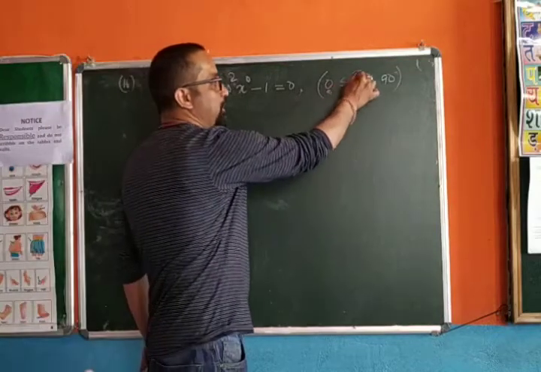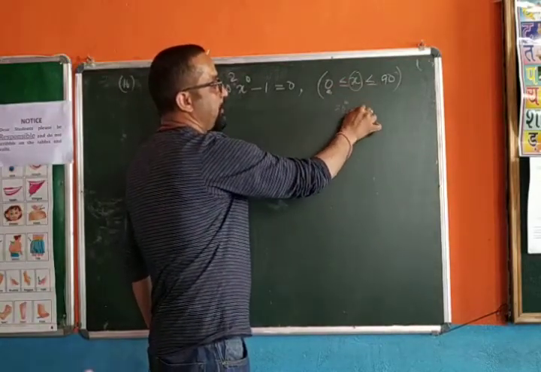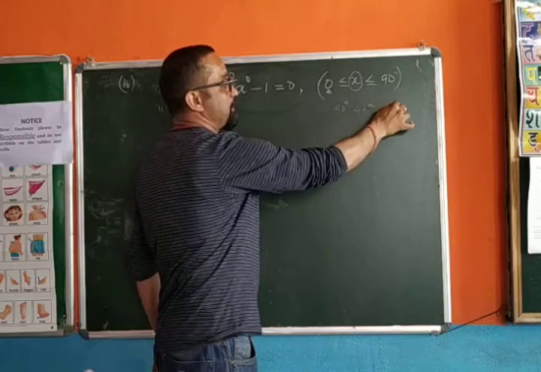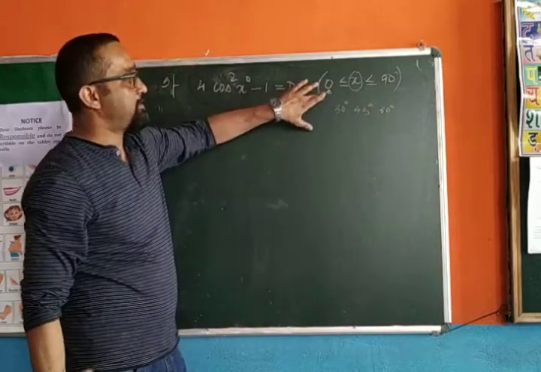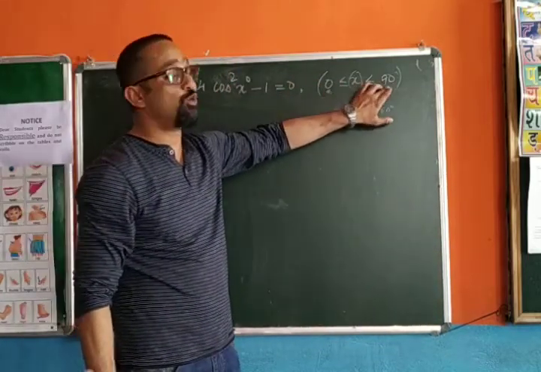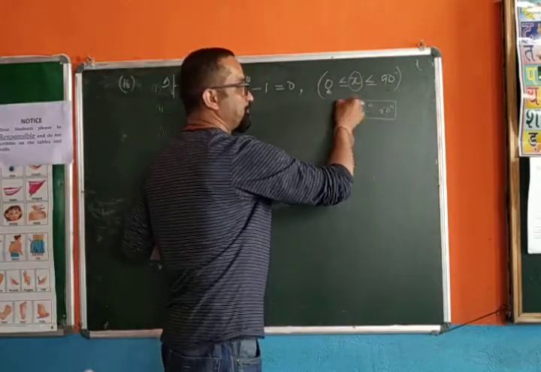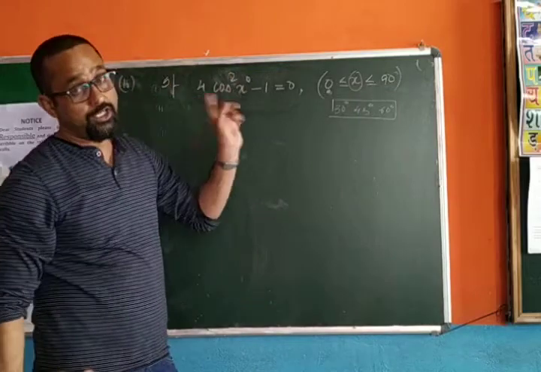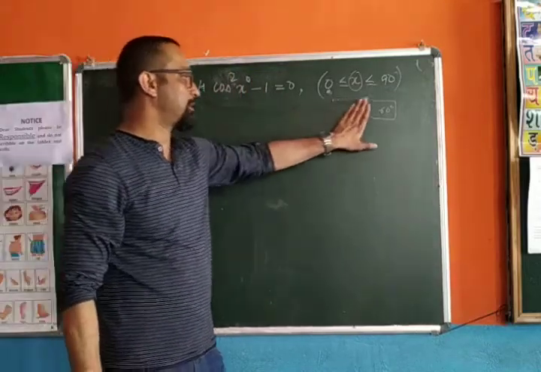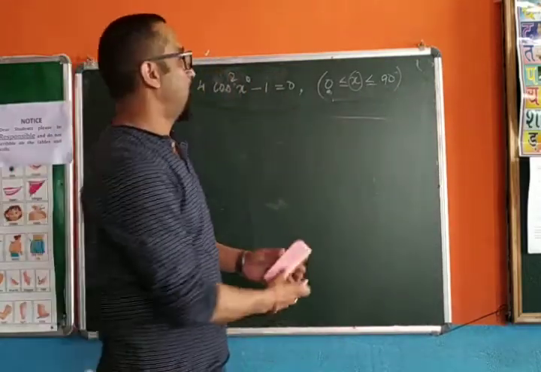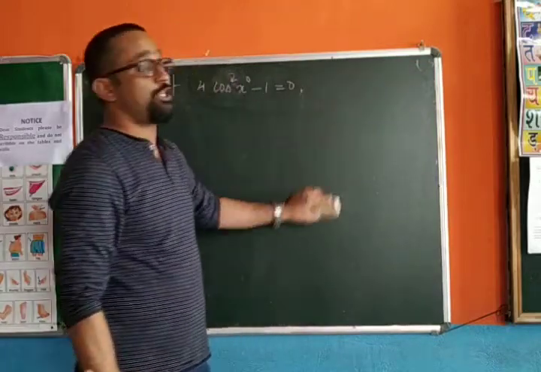This value can be either 30, 45, or 60. It can't be less than 0 and it can't be more than 90. So it has to be within this range, between 30, 45 and 60. Greater than 0 and less than or equal to 90.